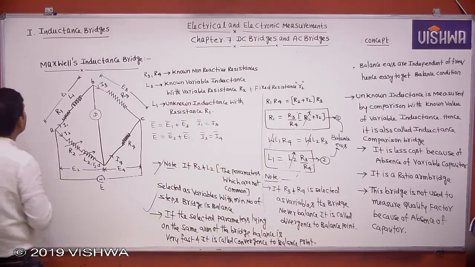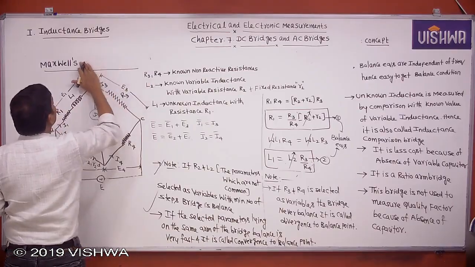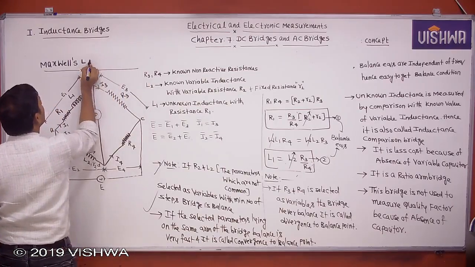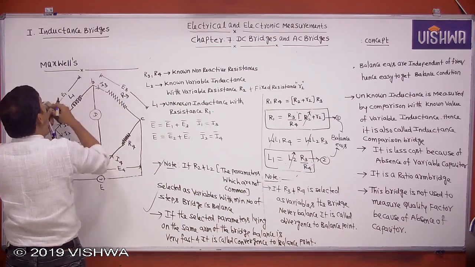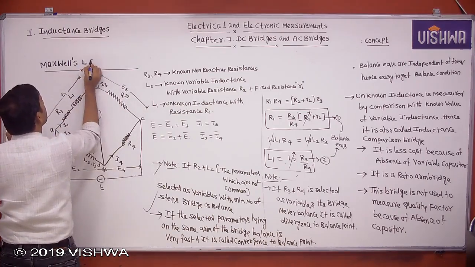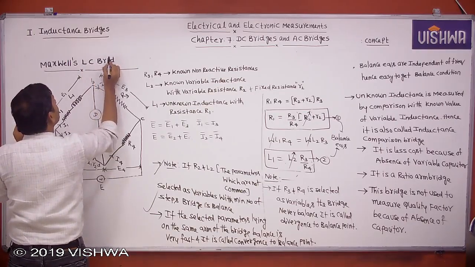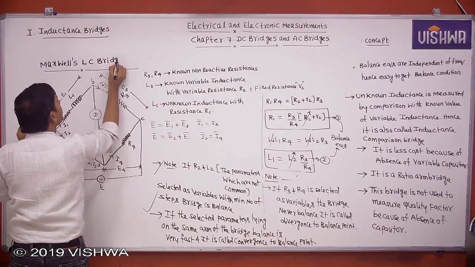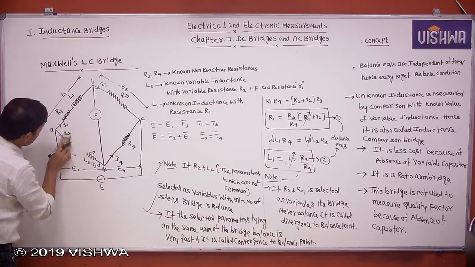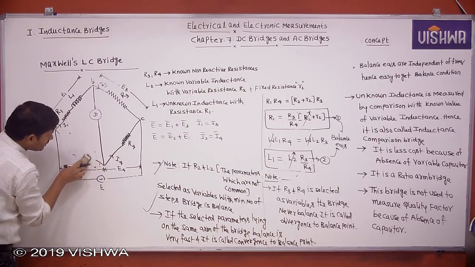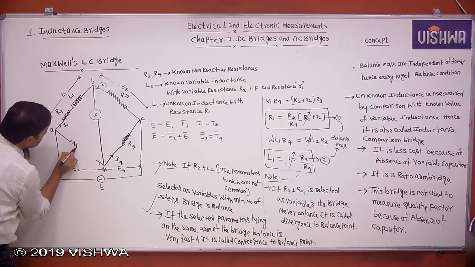The next one, you write Maxwell's LC bridge, the inductance capacitance bridge. Just simple, you replace this by only resistance R2, just small modifications here.